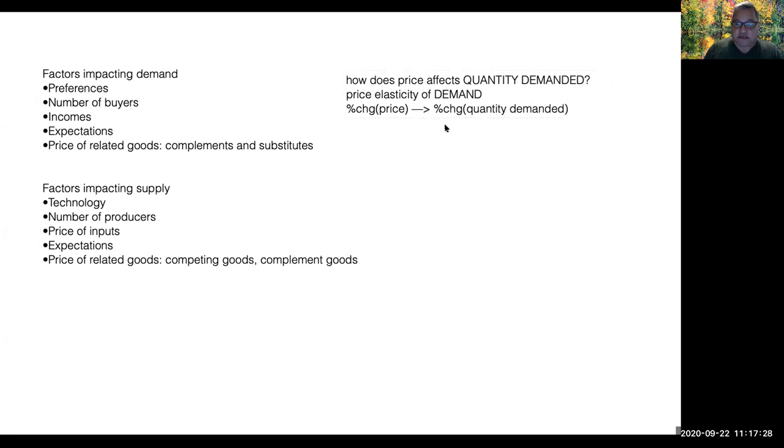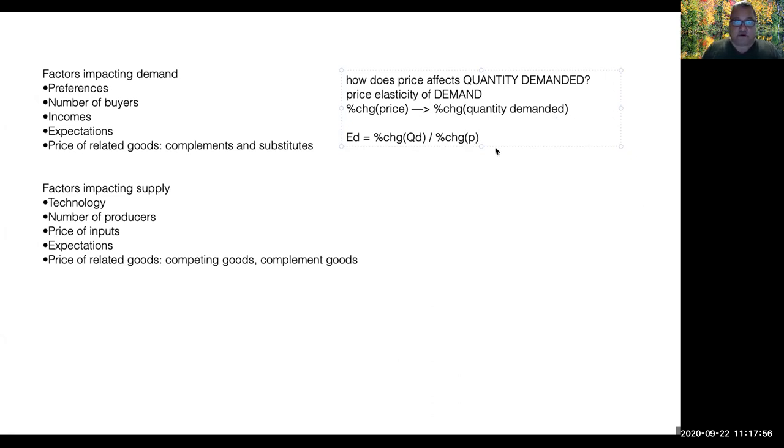And the elasticity of demand is simply the percentage change in the quantity demanded divided by the percentage change in the price.